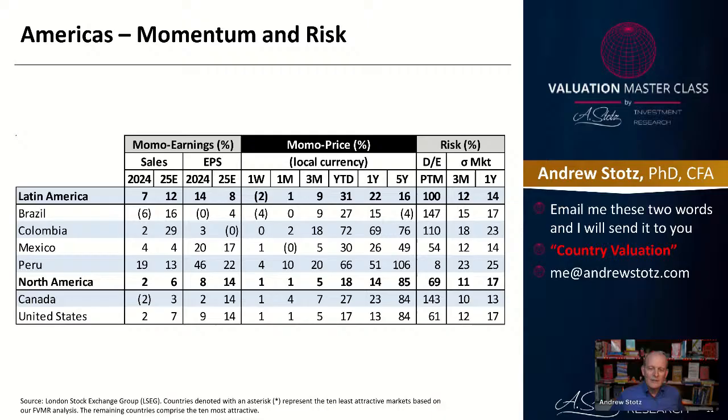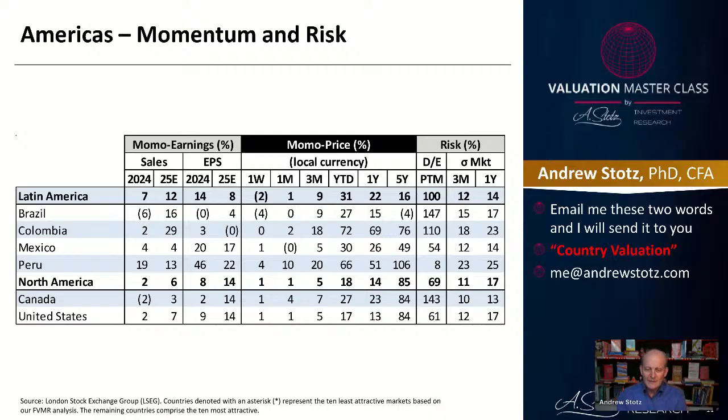And then if we look at share price performance over the past 5 years, it's 84% in both Canada and the US. It just shows how close Canada and the US are. But what's really interesting on this is how much debt Brazil and Canada have. The net debt to equity ratio for the past 12 months is about 147 in Brazil and 143 in Canada.